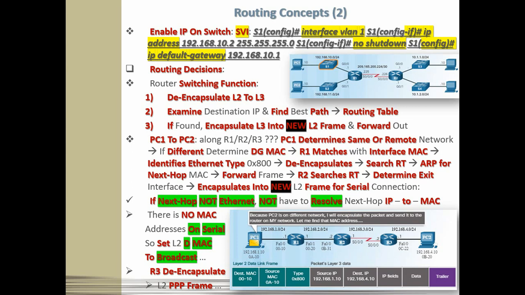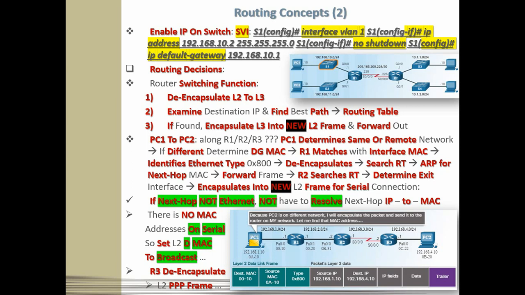When R1 has the MAC address for the next hop, the Ethernet frame has all information needed to be created and formed, and therefore the Ethernet frame gets established and forwarded out of the FastEthernet 0/1 interface on the R1 router.